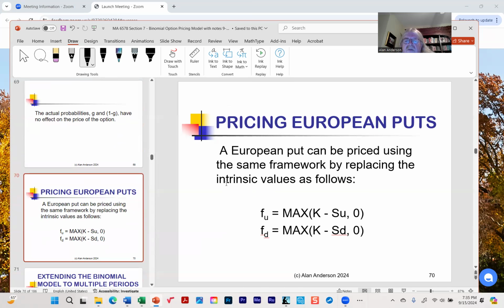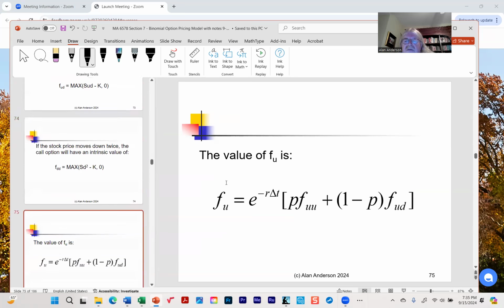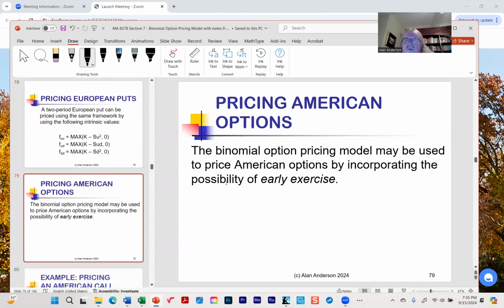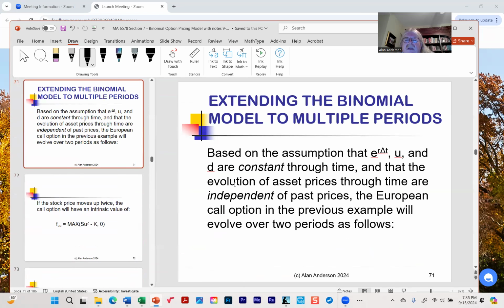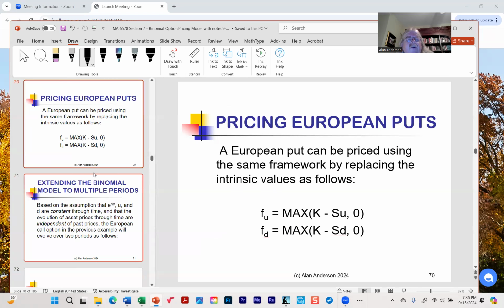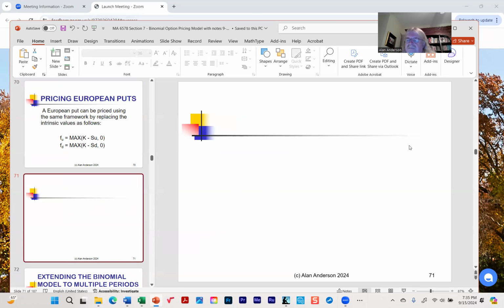All right, so let's see, what is our first example here? I'd like to see some graphs here. So if we have a one period model, this is how we're going to price a one period option.